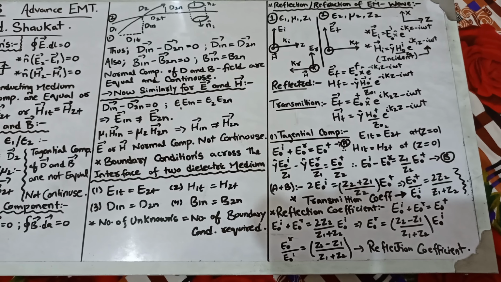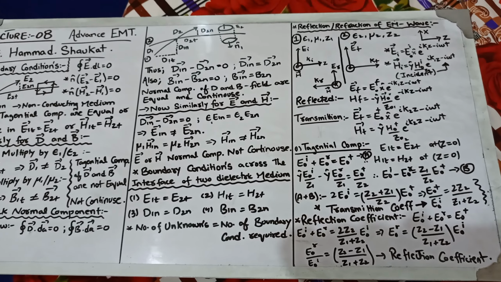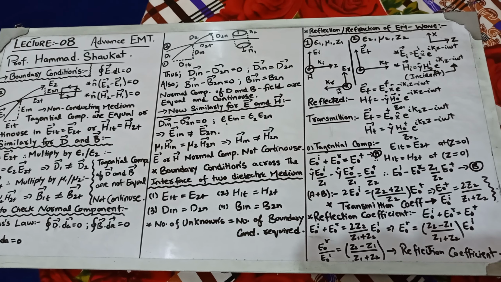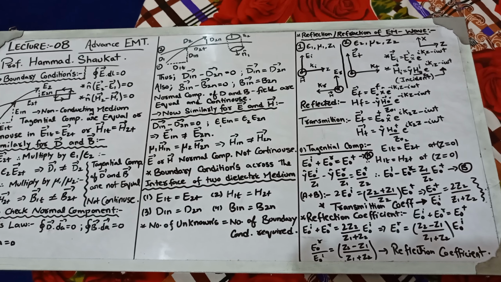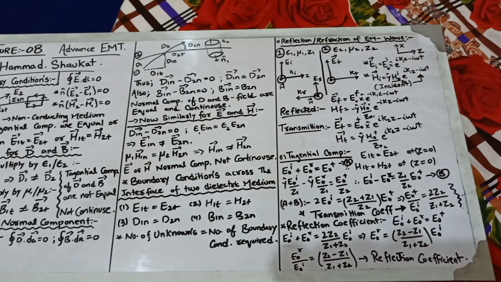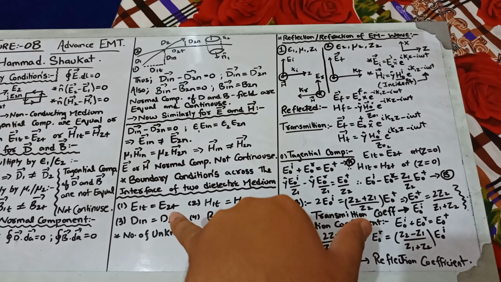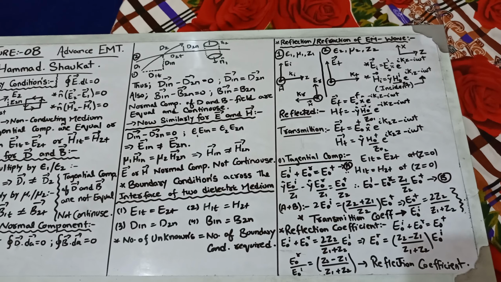Now we have to check their tangential components and find the transmission coefficient and reflection coefficient. To find them we have to use tangential components, as we know our first boundary condition: E1t equals E2t.